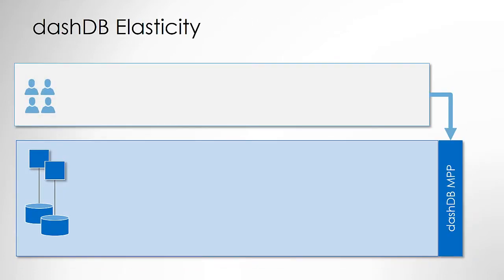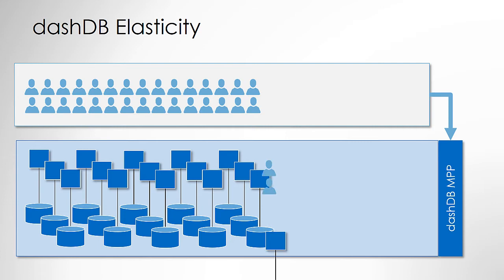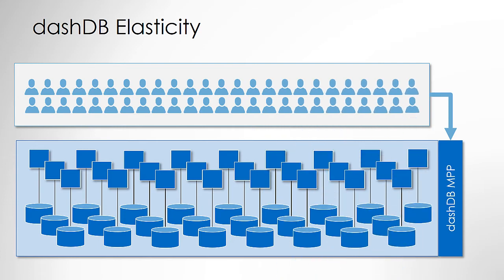It is particularly notable in the context of a dashDB concept called elasticity, the ability to grow and shrink the number of database nodes in a database instance. Elasticity in dashDB is implemented with a feature called MPP, which stands for Massive Parallel Processing, based on a DB2 feature called DPF, Database Partitioning Feature.